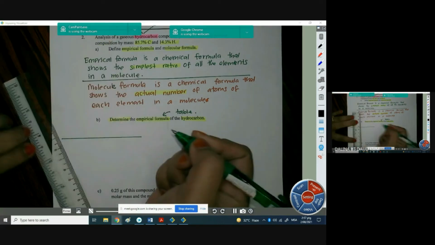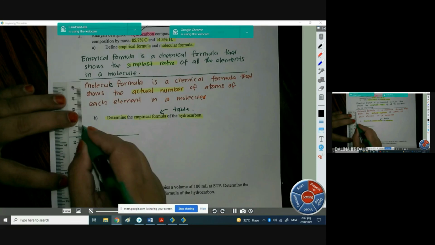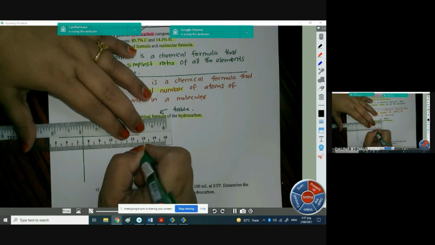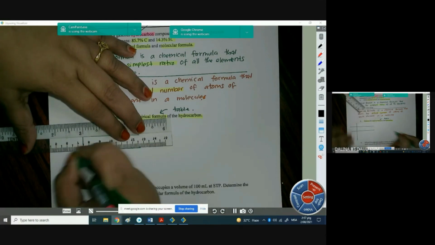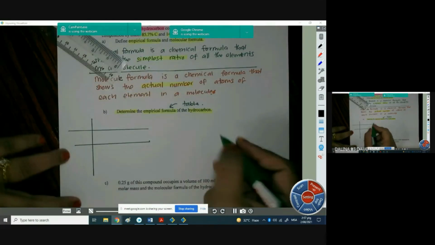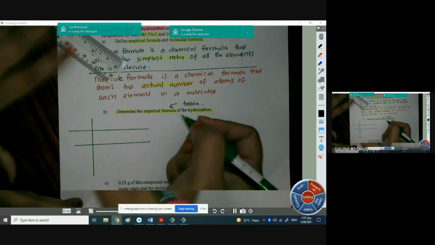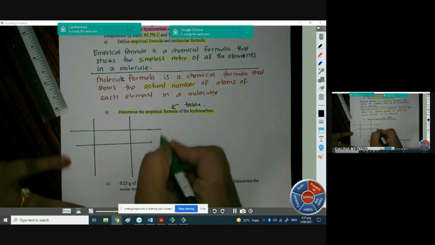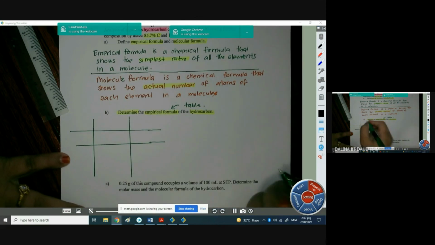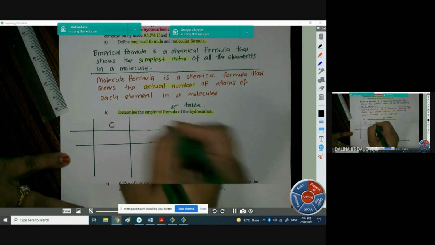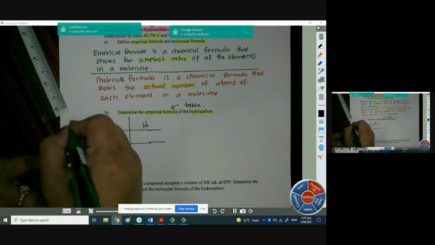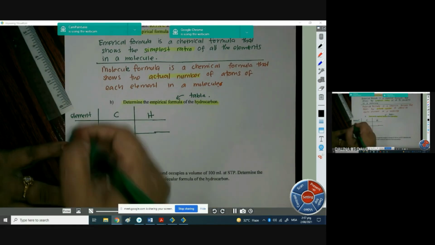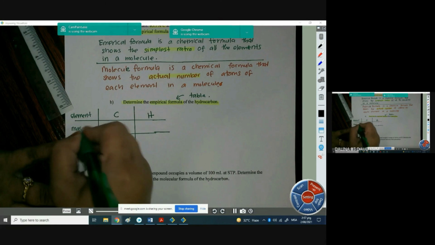So what do you need to write in the table? The table must have columns referring to the number of atoms of each element. For this case, we have carbon and hydrogen, which are the elements. The first thing is mass, in gram.